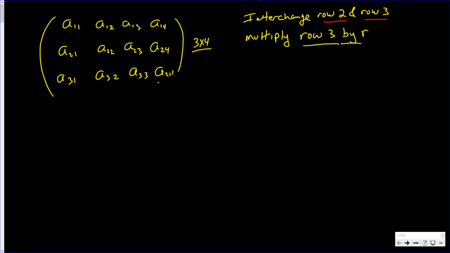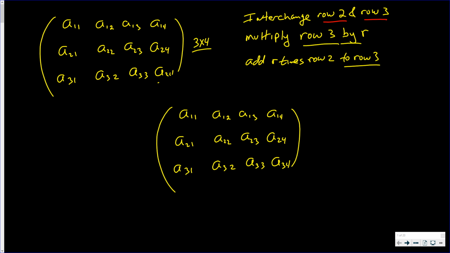Let us consider the next elementary row operation. I want to add a multiple of one row to another. I want to add r times row 2 to row 3. So only row 3 is changing. Just because I'm adding a multiple of row 2 to row 3 doesn't mean that row 2 is changing.